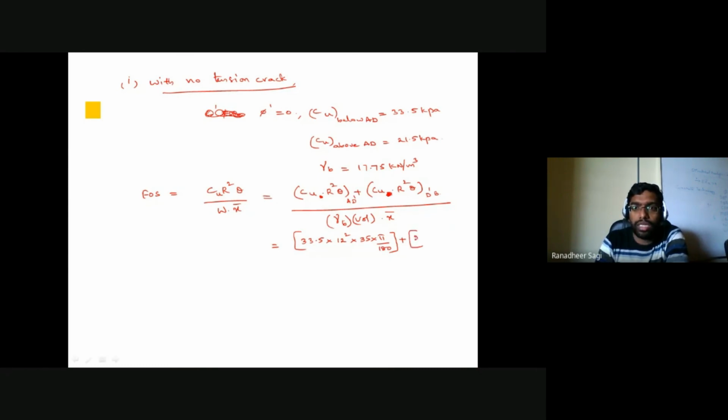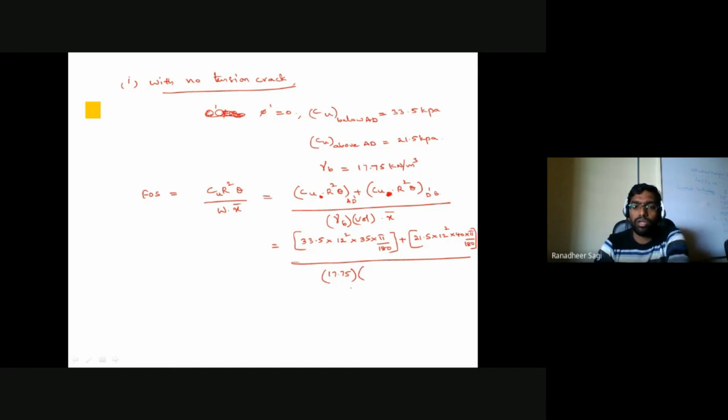This is 21.5 into 12 square into 40 into pi by 180. This total divided by the unit weight of the soil, which is 17.75 kilonewton per meter cube, into the volume.